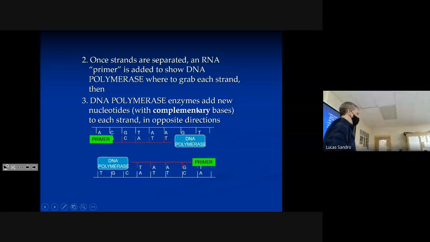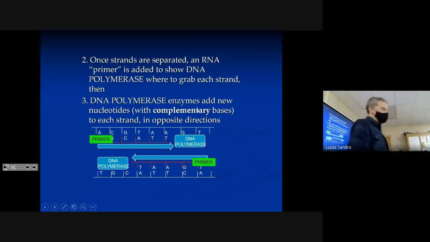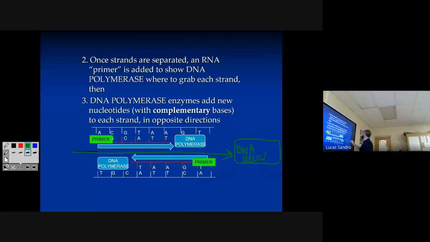So you stick the primer on there. But the polymerases have to go in opposite directions, adding bases as they go. Remember, the thing that's paving the way for this to happen is the DNA helicase, which is running along the double strand, separating, breaking the weak hydrogen bond.